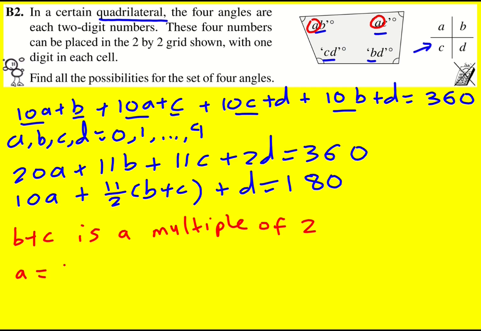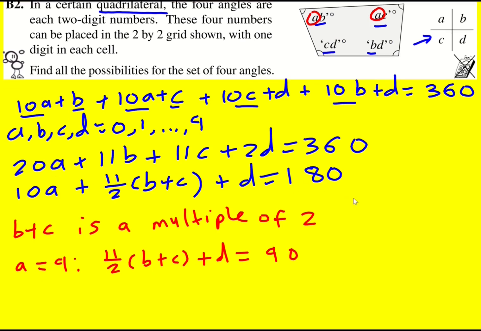So A equals 9 is going to be my starting point. So then 11 over 2 times (B plus C) plus D will have to equal 90, because 10 times 9 is 90, which I then subtracted. So what if B plus C is the largest possible multiple of 2 that we can have?